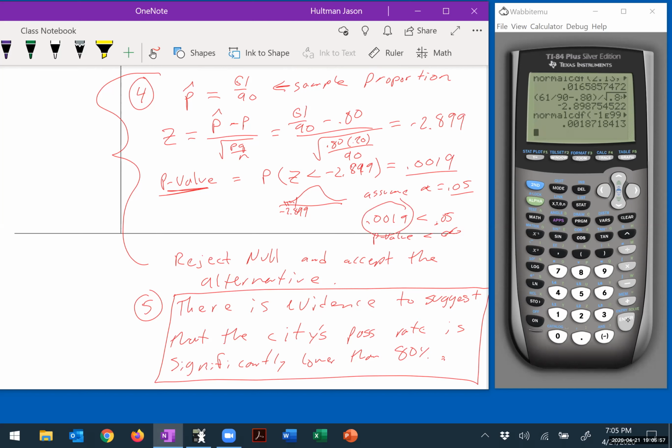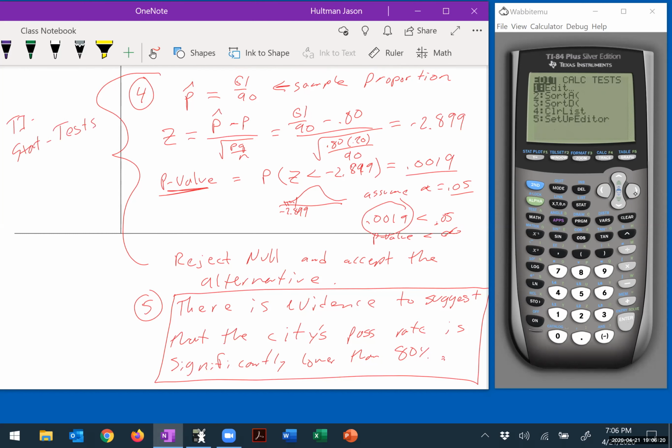So how would we run number 4 on the calculator and have it do it all in one shot? Well, we hit the stat key. For the TI, this is going to be stat and then tests.